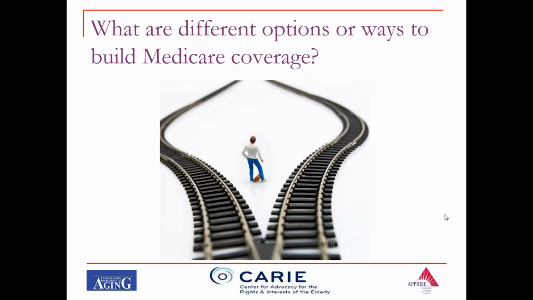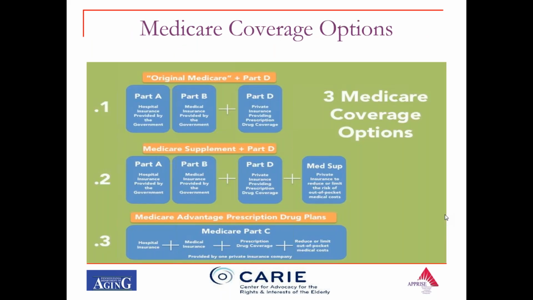Now, when someone is new to Medicare, there are a few different choices they have when they decide how they're going to build their Medicare coverage, and we'll go over those. When it comes to building your Medicare coverage, there are three options for individuals, and we'll go into each one a little bit.